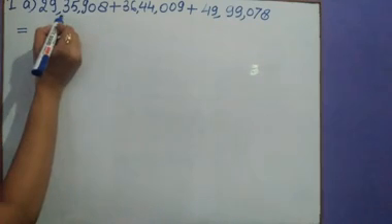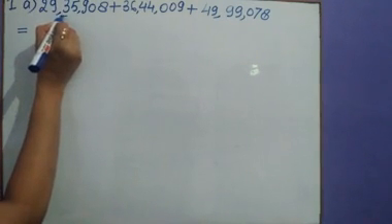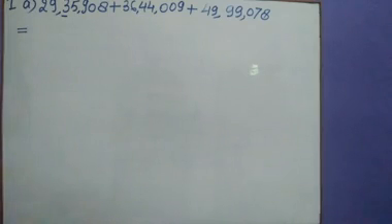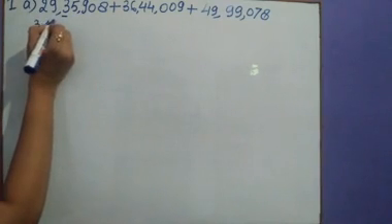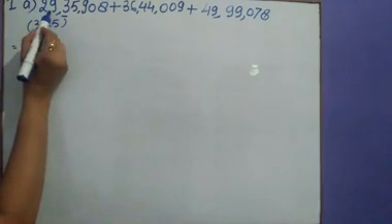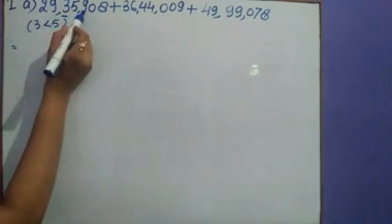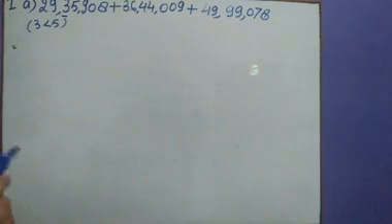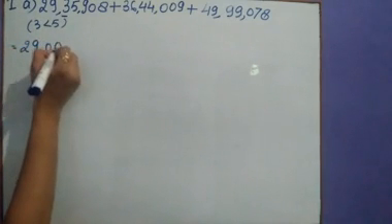For this, we see the digit at 10,000 place. That is 3. 3 is less than 5. So, 29 lakh 35,908 will be rounded down to 29 lakh.